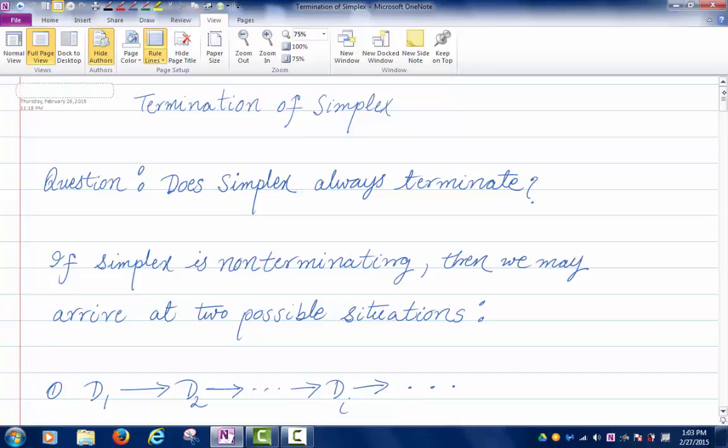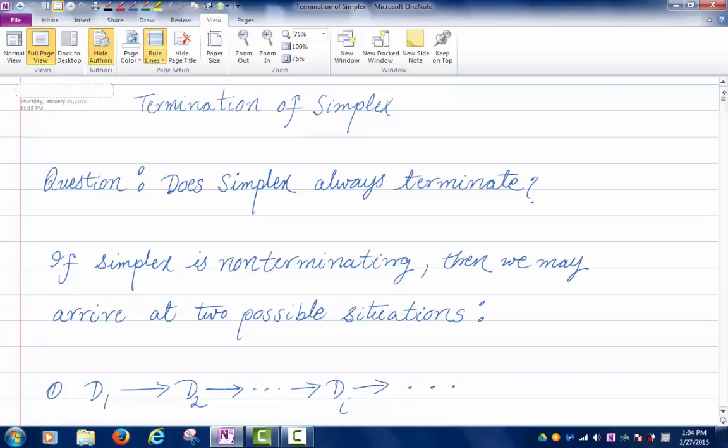Number two, under the pivoting operation, the value of the objective function remains non-decreasing, meaning that if you have a dictionary and you apply the pivoting operation, in the next dictionary the value of z cannot decrease. Okay, that's what we said.